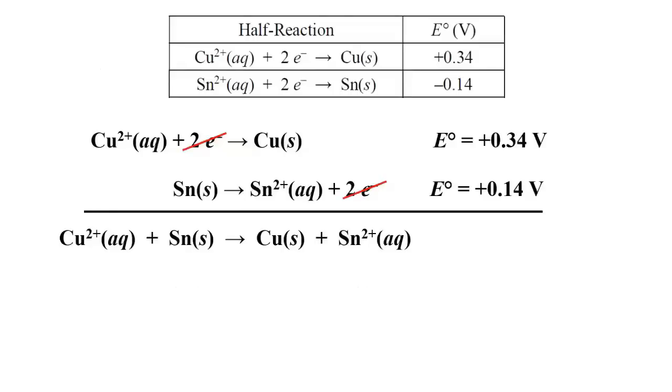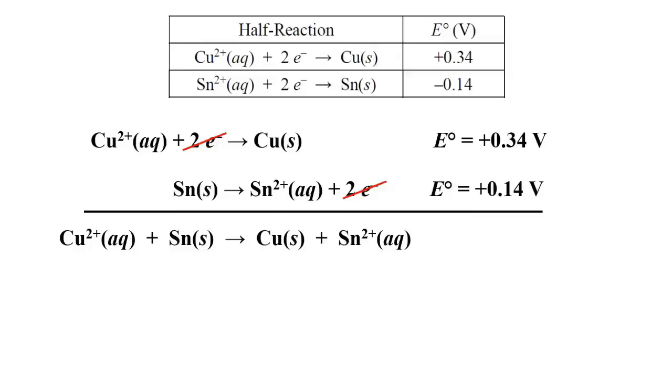So the copper did not change, so that half reaction remains as a reduction, and the cell potential for that reduction reaction is 0.34 volts. Then when I reversed the tin half reaction, the cell potential changed from negative 0.14 to positive 0.14.